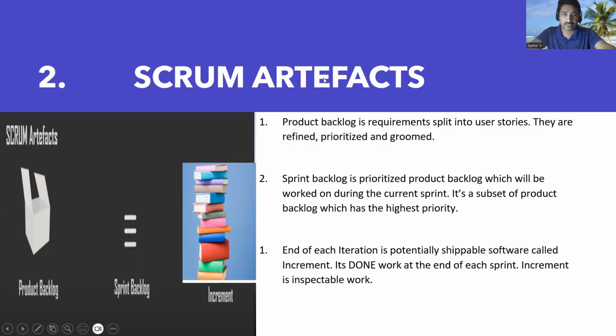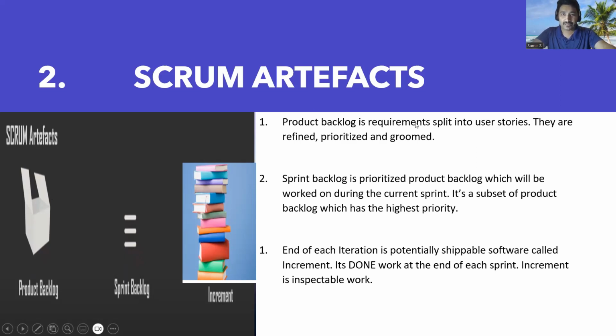So when we talk about Scrum artifacts, using the Scrum framework, what artifacts are produced by the developers, the QA, the PO, the Scrum Master, or everybody? In Scrum, the artifacts are product backlog, sprint backlog, and increment.